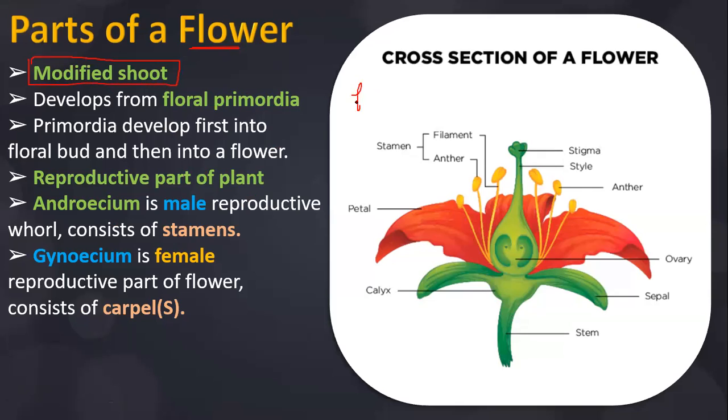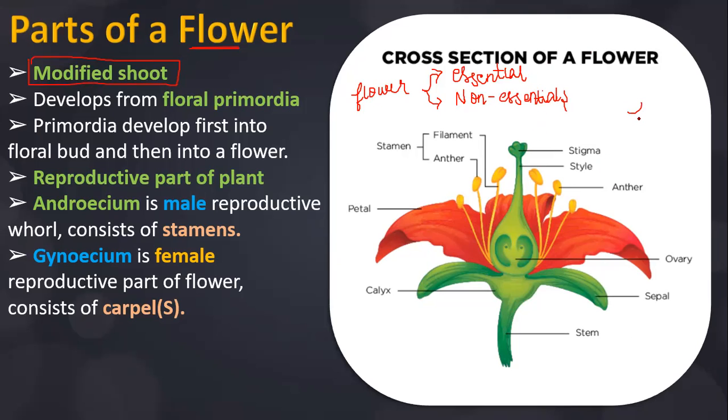You have to understand that a flower mainly consists of two main parts: essential whorls and non-essential whorls.